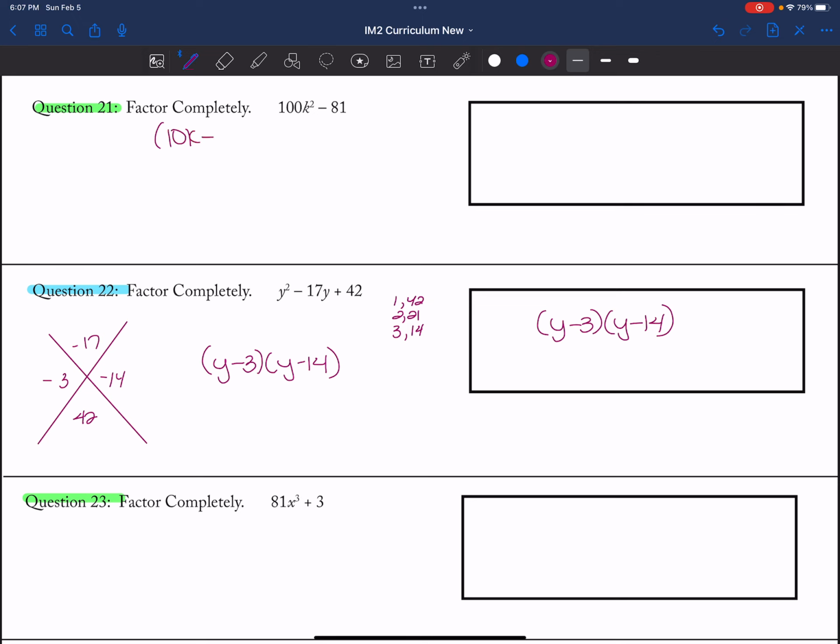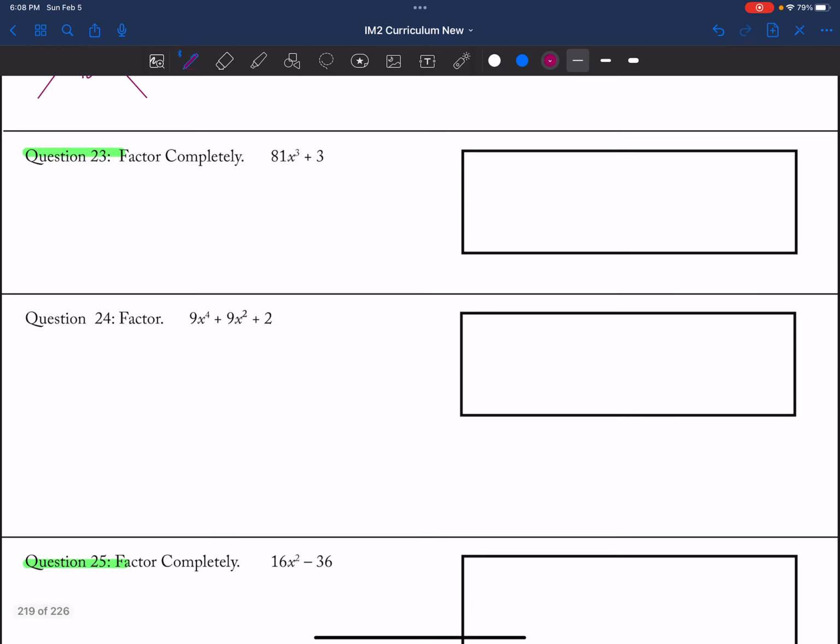So (10k minus 9)(10k plus 9). Okay, and then 23. Factor out a 3, so I'm left with 27x cubed plus 1. So then this is 3(3x plus 1)(9x squared minus 3x plus 1).